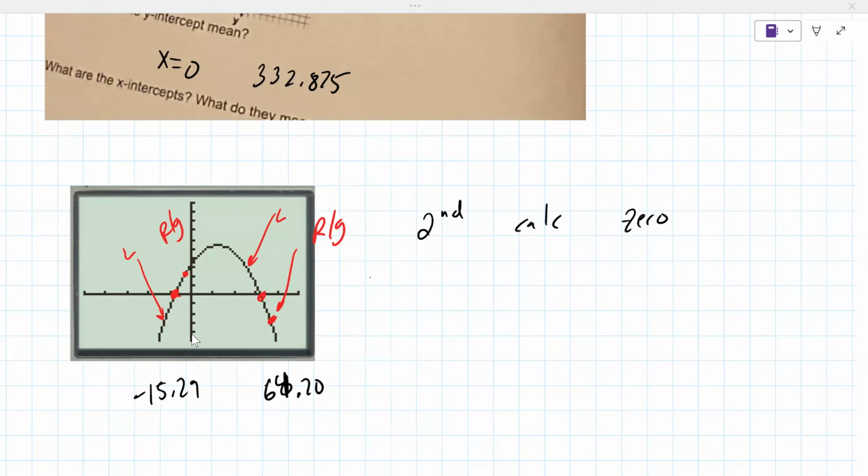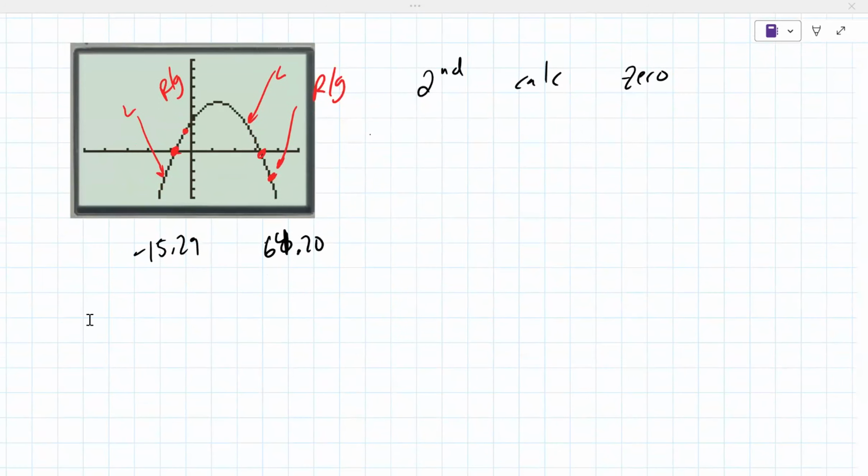Number five here is asking you about 2030. What x value does that equal? What does x equal 0 correspond to?